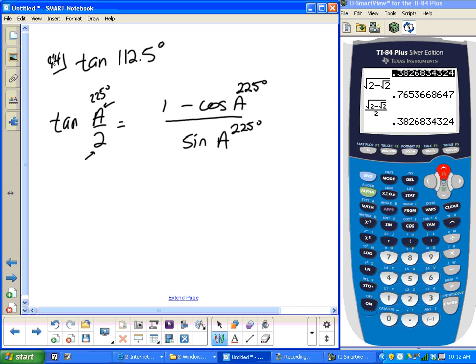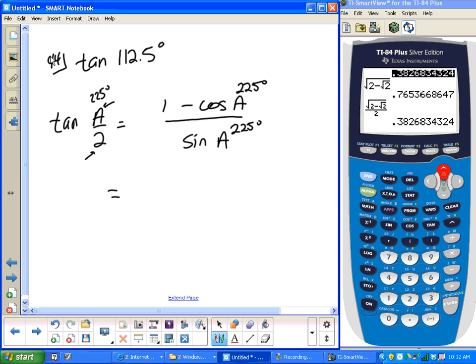You might have to do a little bit of trial and error there. You say 112.5 times 2. I tend to think backwards on these. I know it's not very smart the way I do it, but yes, you could just take the angle and multiply it by 2 to figure out what angle A is. Now let's throw it in.